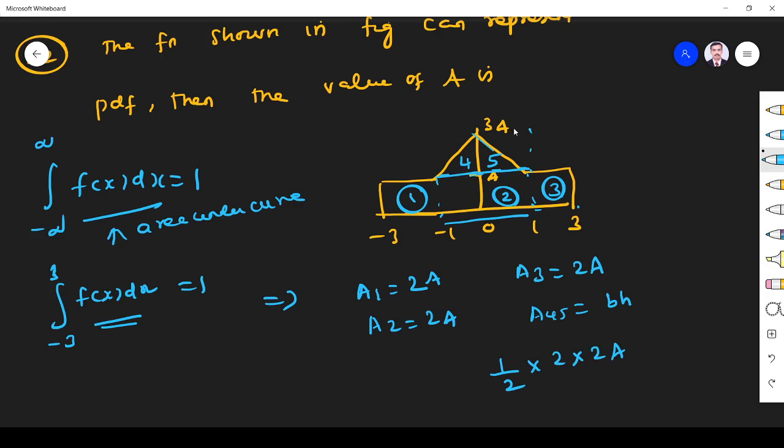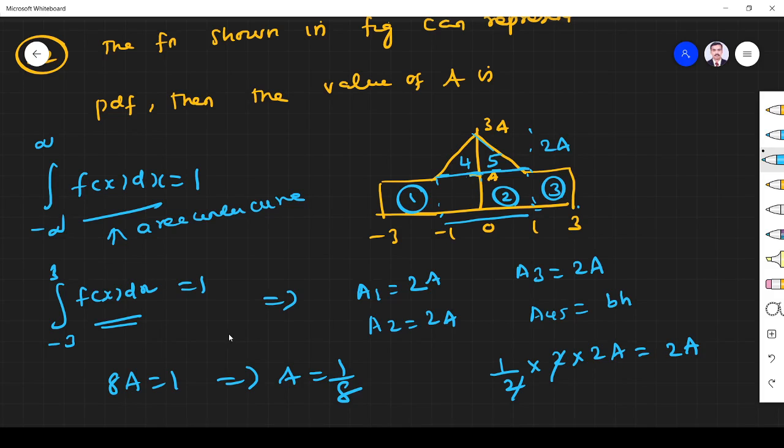This height here to here is A, this is 2A, so 3A. So the total area of the triangles is 2A. So all are 2A, so the total area is 6A plus 2A, which is 8A. 8A is equal to 1, A is equal to 1 by 8.